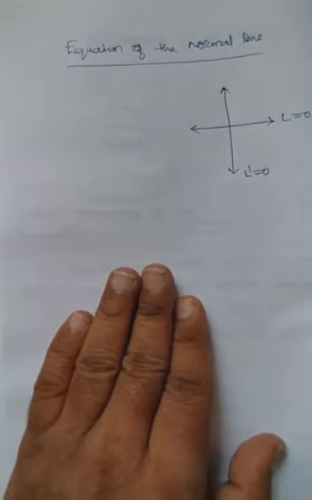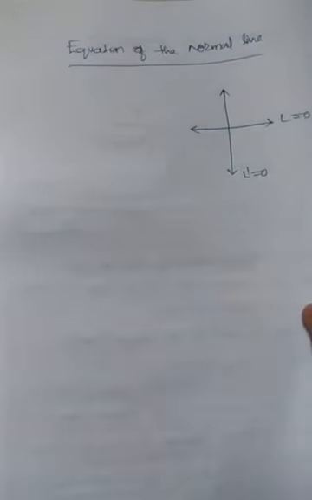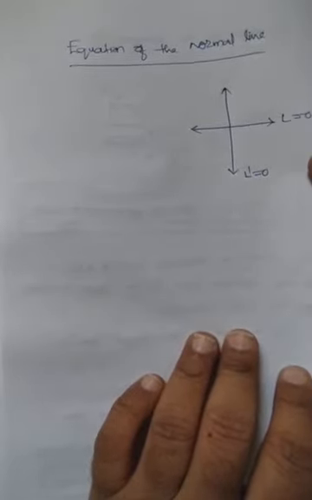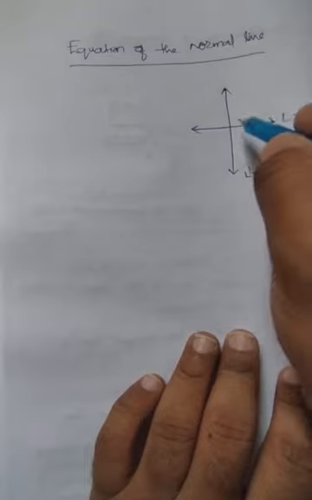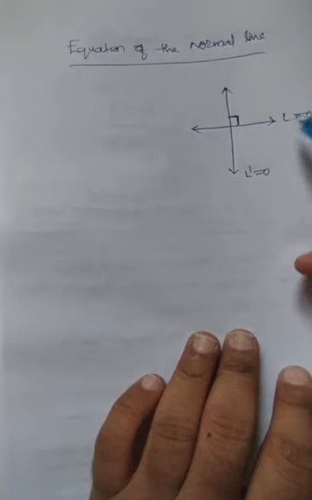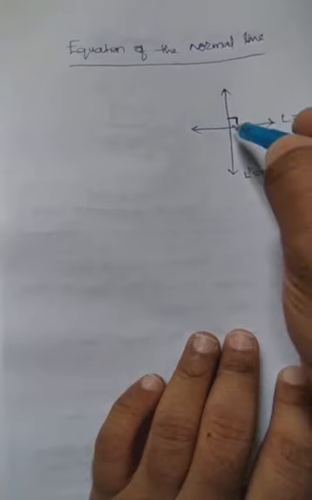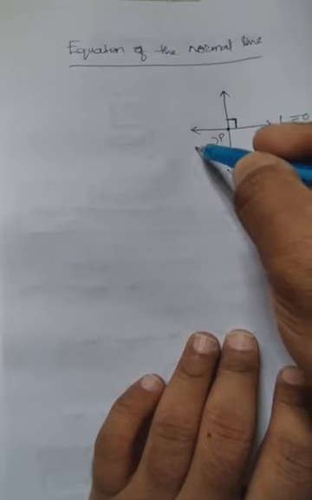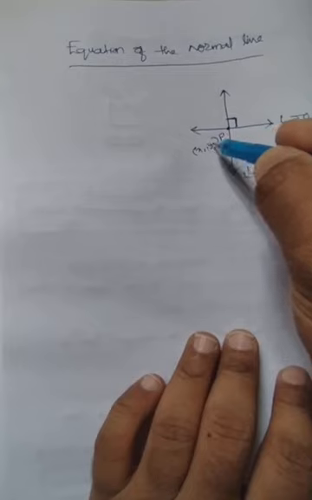Okay, I will tell the two methods to find out the normal line. Now you can choose which method is easy for you, you can follow that one. So this is the perpendicularness of these two lines. So L is equal 0 is always perpendicular to L dash is equal 0, and this is the point P of x1 comma y1.